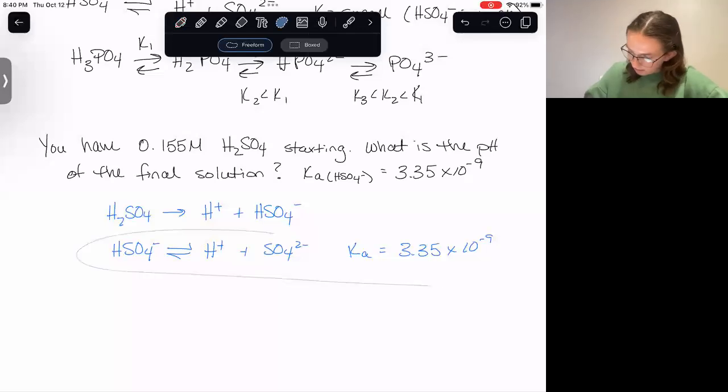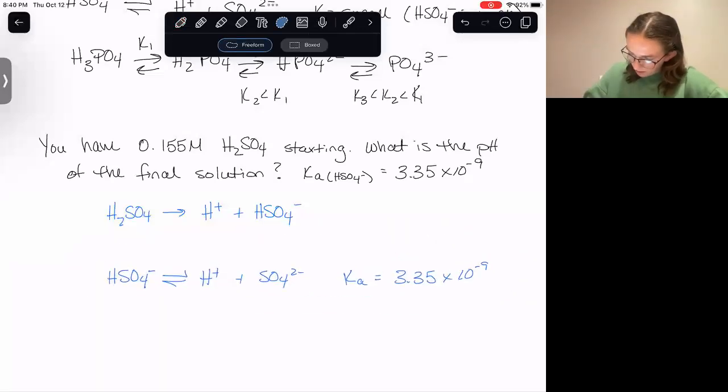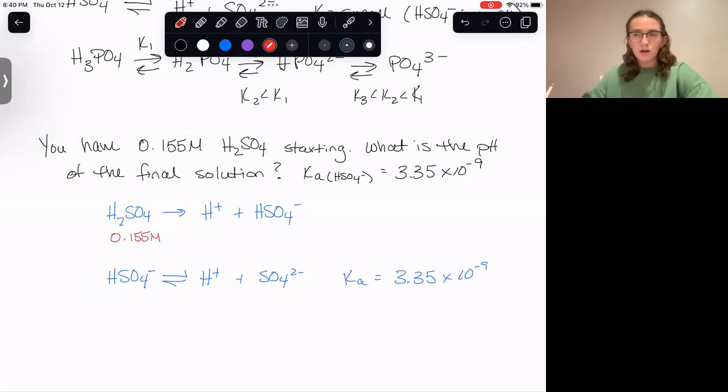So I'm just going to move this down a little bit. We know that we start off with 0.155 molar of H2SO4. We know that strong acids will completely dissociate, so all of that H2SO4 will turn into H plus and HSO4 minus.